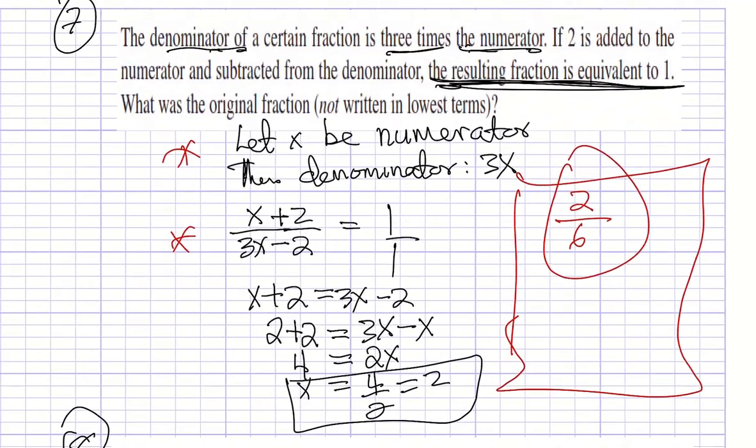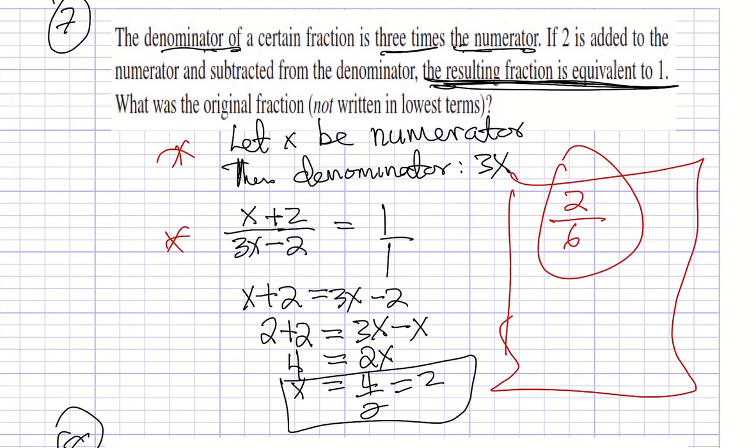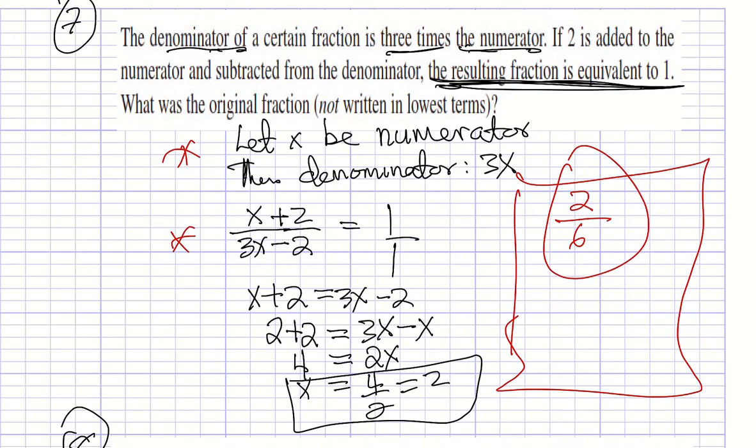The question is, is it equivalent to 1? Well, let's see. You divide that out. Well, you gotta use this over here. That's the fraction. Is it equivalent? Well, we'll see, it's 2 plus 2.